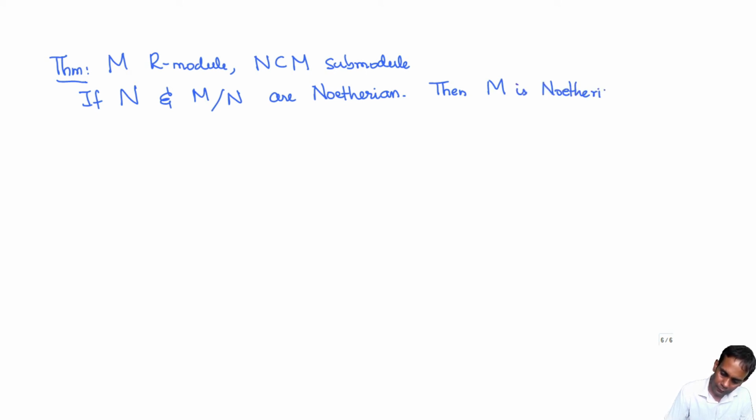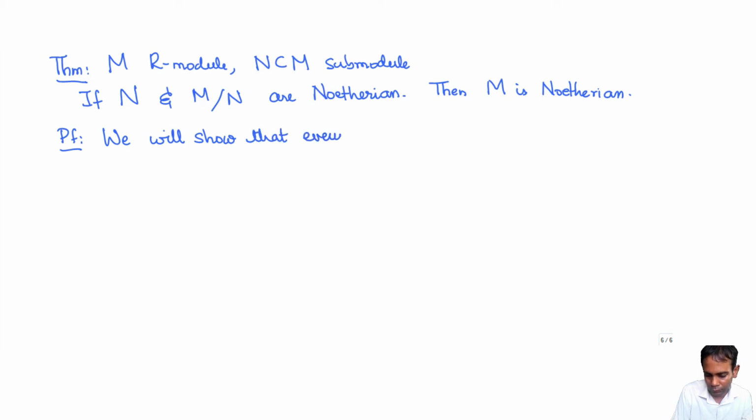In fact, this theorem will follow easily from the earlier result that I stated about finite generation and the characterization of Noetherian modules as those modules for which every submodule is finitely generated. So the proof is, we will just show that every submodule of M is finitely generated.